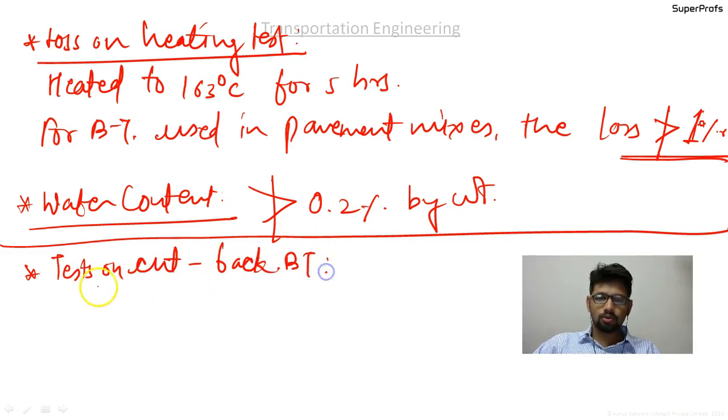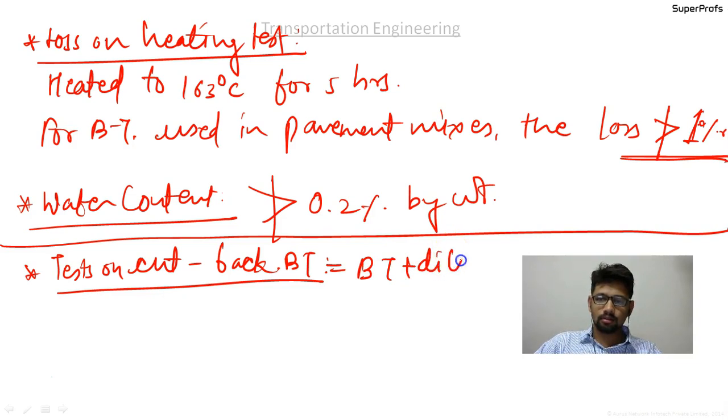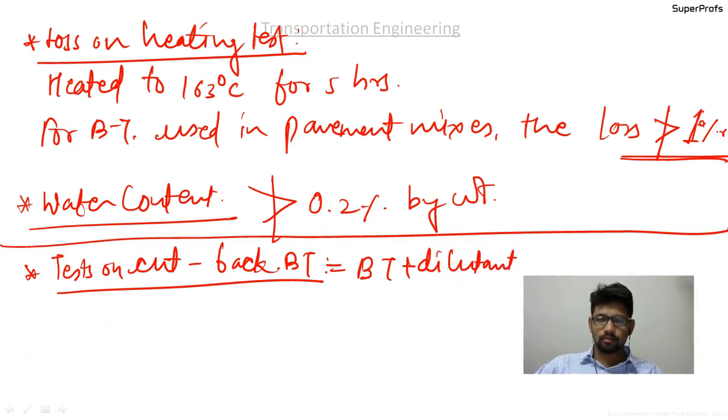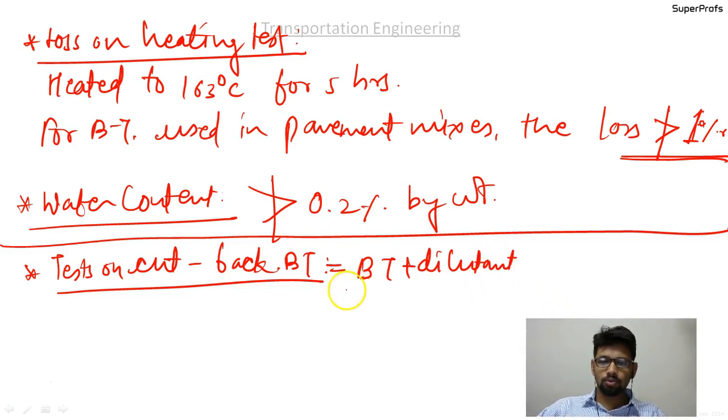Okay. So I have discussed what cutback bitumen is. It is bitumen plus some diluent, to reduce the viscosity.